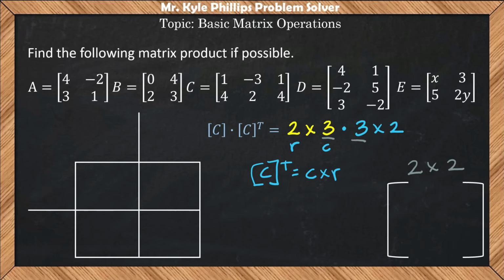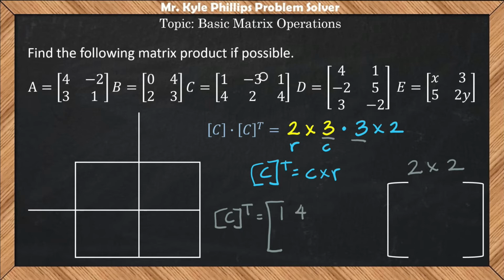Now, when I say that the columns become the rows, let's do that here. Let's take matrix C and transpose it. Notice how matrix C has 2 rows and 3 columns. It will now have 3 rows. My first row is going to be 1, 4.